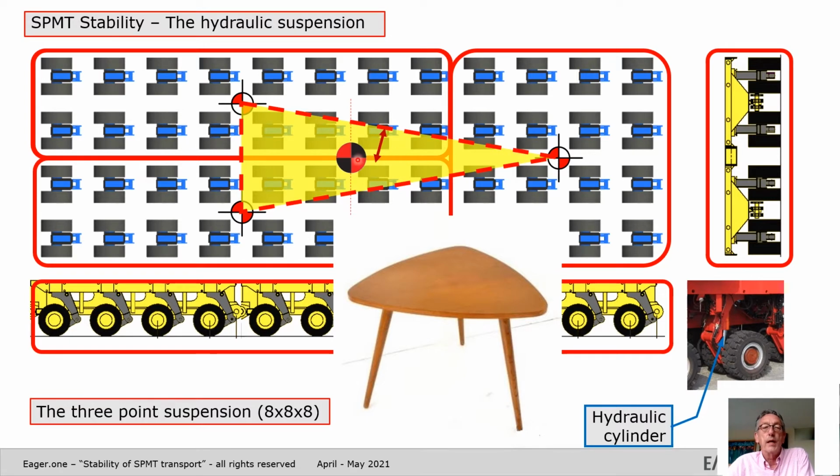And what is a measure for stability? That's the distance from the center of gravity towards the tilting line. So it's one of the sides of this triangle.